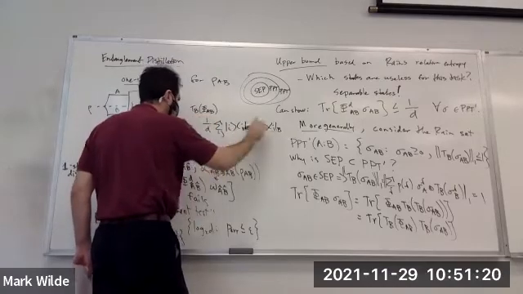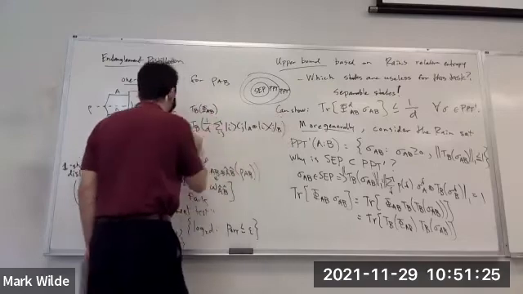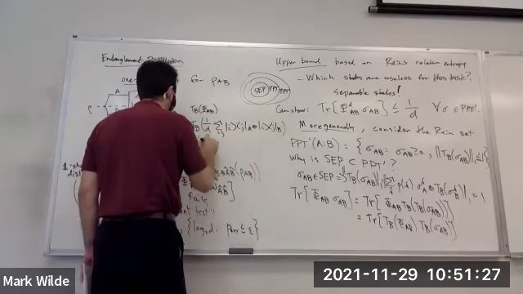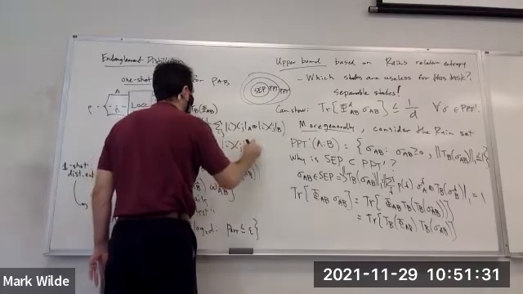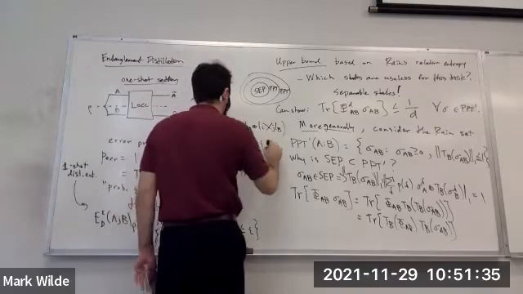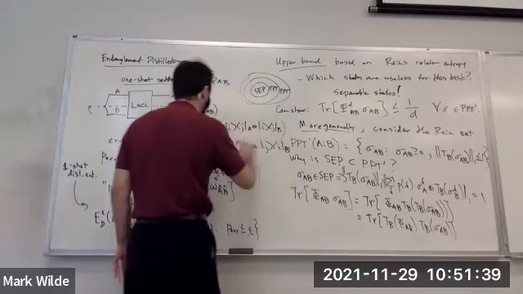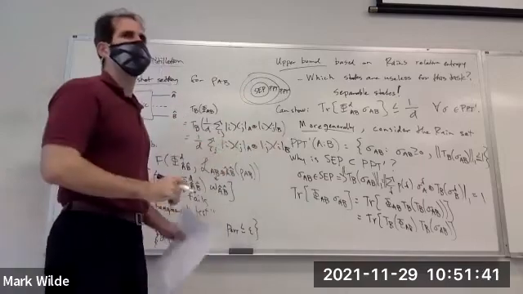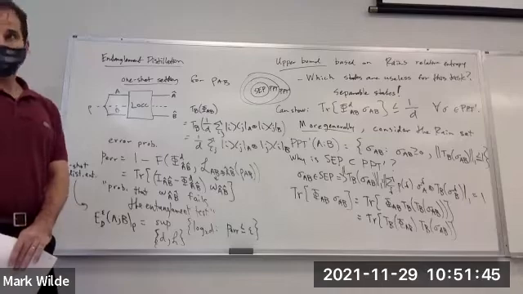This is phi AB, and now the partial transpose of it. If we do the partial transpose, then we get J, and then J and I flip, right? What is this operator? That's a swap operator.